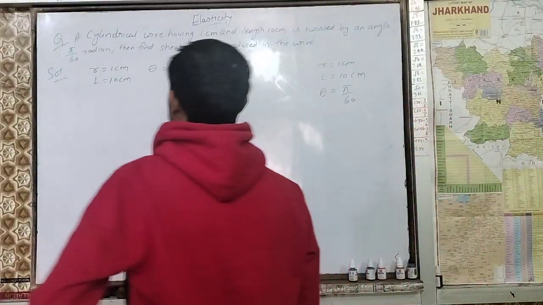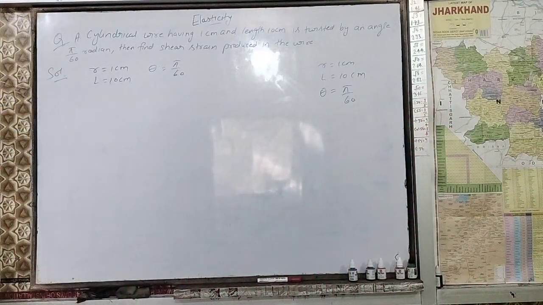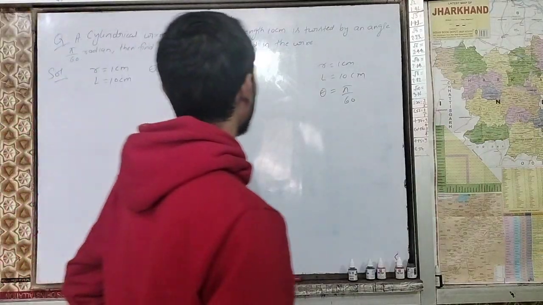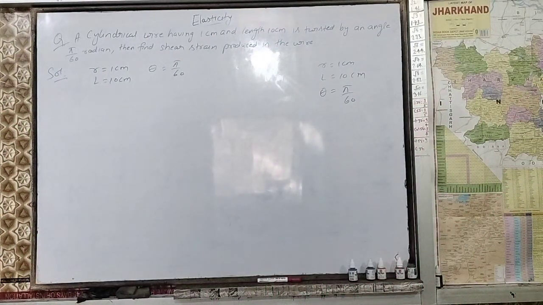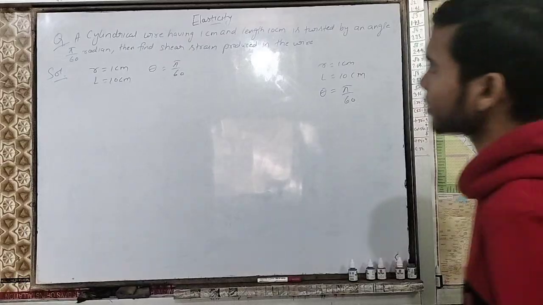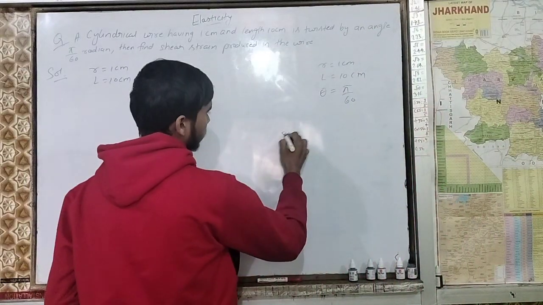It is asking to find the shear strain produced in the wire, just shear strain. The concept was the relation between angle of twist and angle of shear, but the question is asking just shear strain.